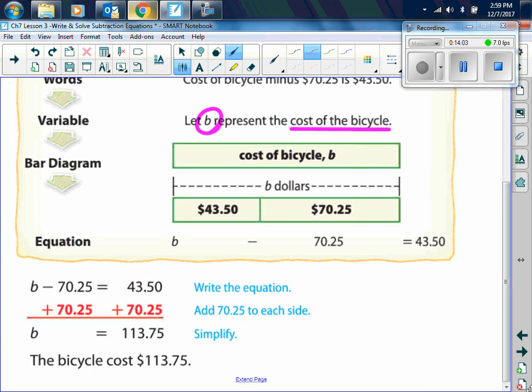So here we have B minus $70.25 is equal to $43.50. Because that's subtracting, we're going to add. So we're adding $70.25 on both sides. Those cancel. These are opposites. So those cancel to 0. And B is equal to $113.75.